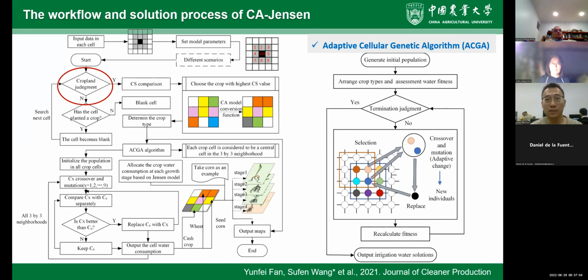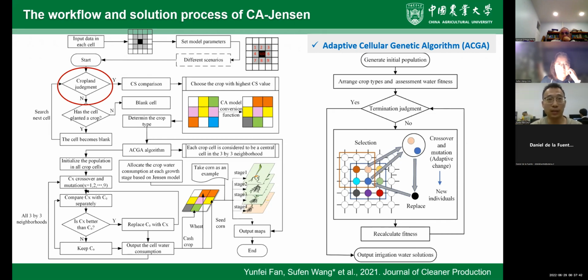As can be seen from the figure on the right, the main feature of this ACGA is that it needs to perform crossover and mutation operations in the cell space, and the crossover and mutation probability change adaptively. That is, in the early stage of the algorithm search, the ACGA convergence speed is accelerated, and the local search ability is enhanced in the later stage.